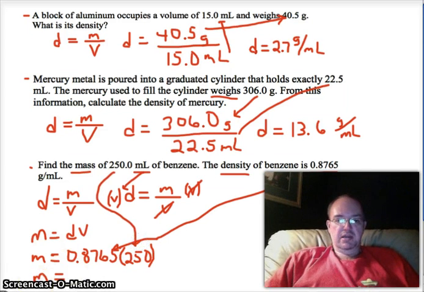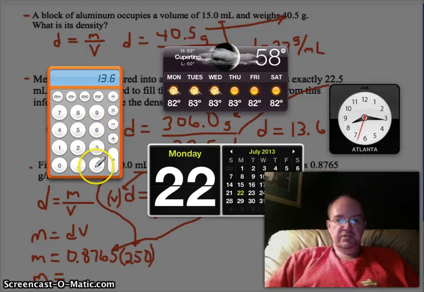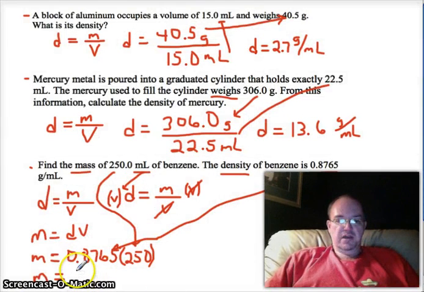We just multiply 0.8765 times 250 equals 219.125.